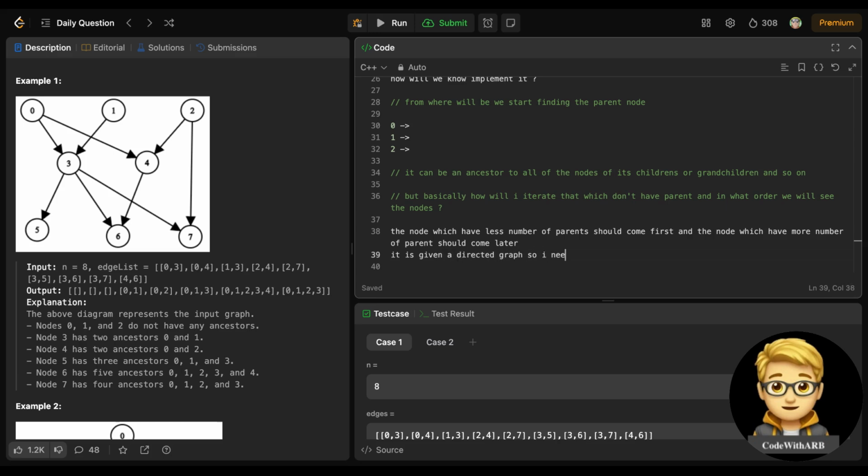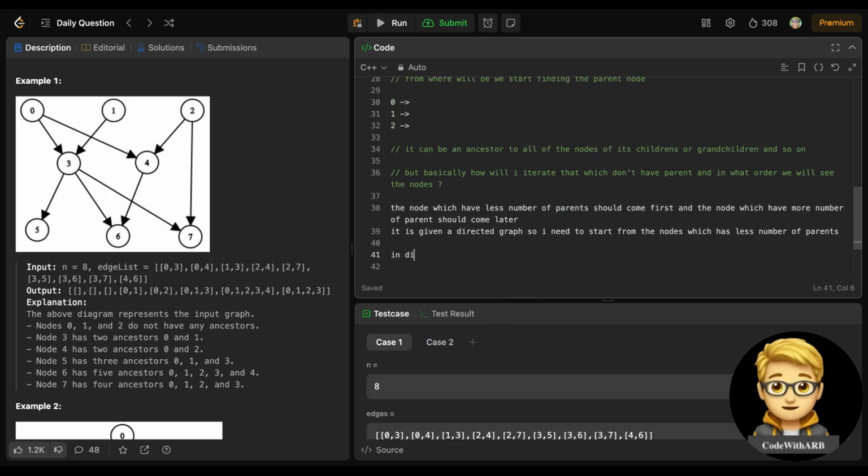So I need to start from the nodes which have fewer parents, because I can move from top to bottom, not bottom to top. It's not an undirected graph, it's a directed graph, and in a directed graph I cannot move back.